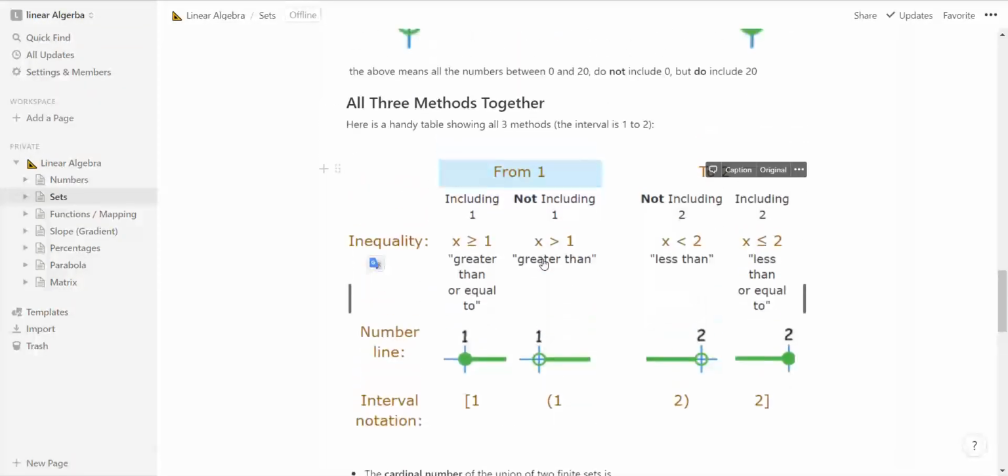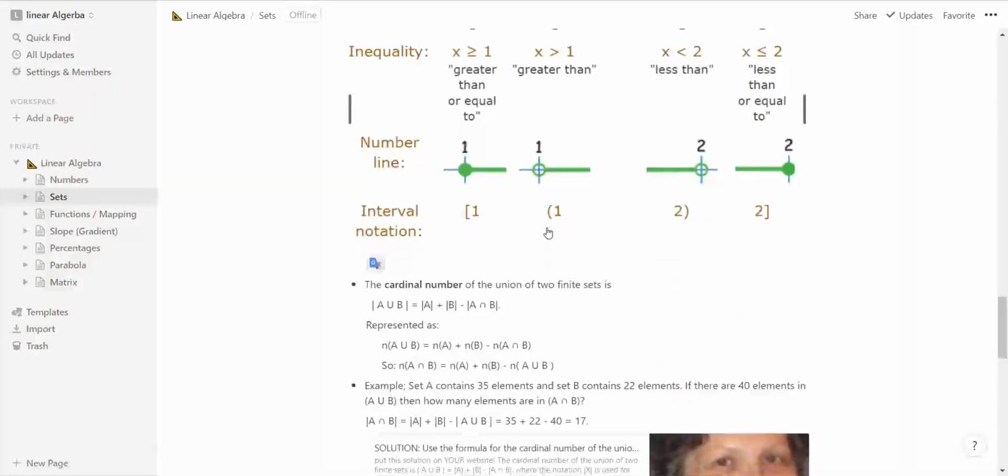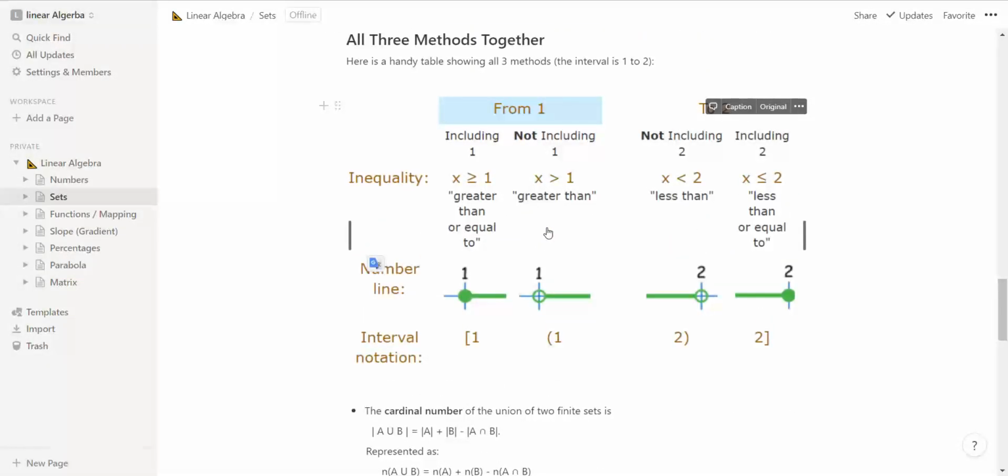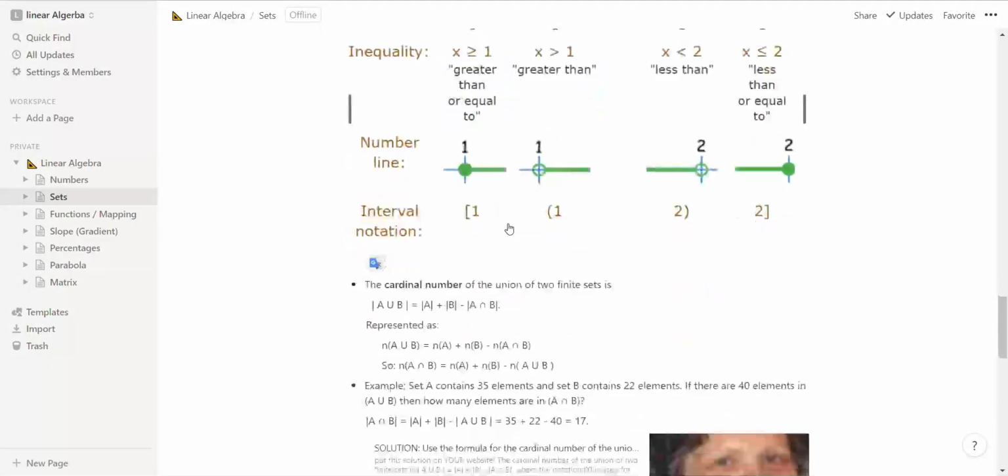So we could actually use A union B: all the elements in A plus all the elements in B, right? So it's an addition, but you'll have the duplicates. So you just subtract the intersecting elements to remove the duplicates.